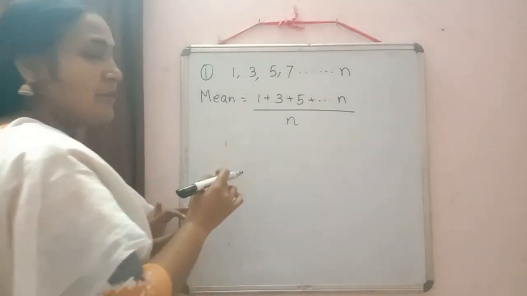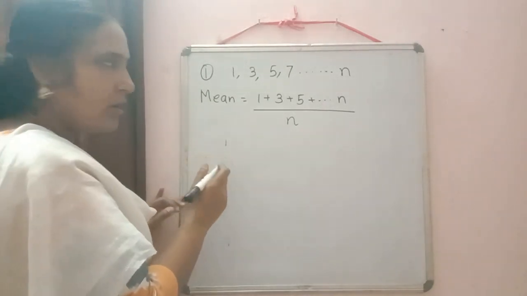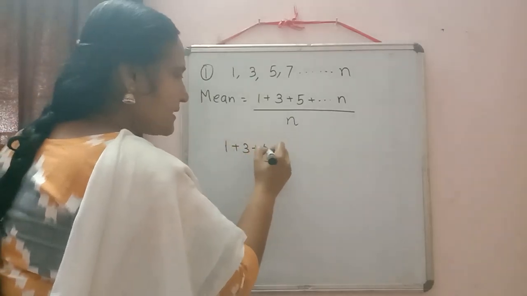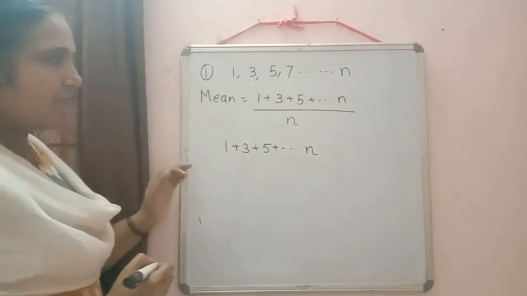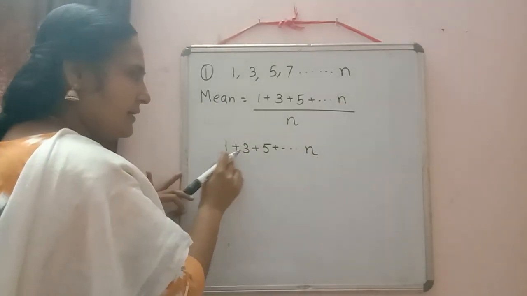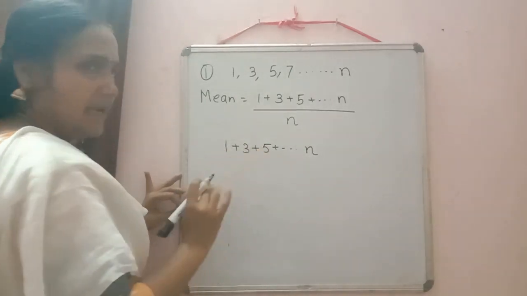So here what will we do? We'll use the concept of AP. Now I am solving separately here. If you check this one, it is 1 plus 3 plus 5 plus etc. till n terms. So we have to find the sum of n terms. Is it in AP? 3 minus 1, 2. 5 minus 3, 2. So it is in AP.